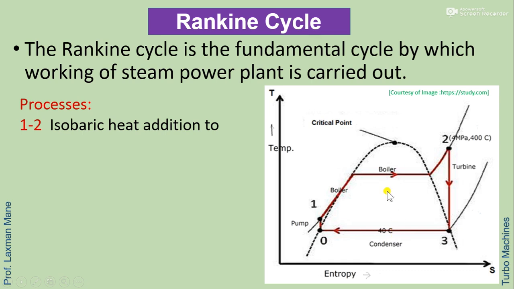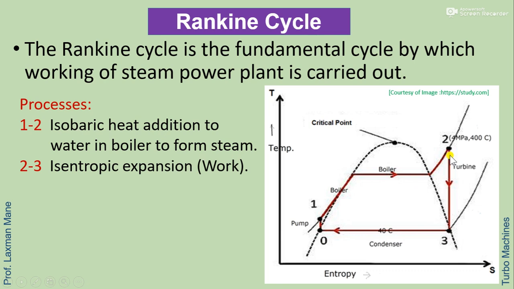Process 1 to 2 is isobaric, means constant pressure heat addition to water in boiler to form steam. Process 2 to 3 is in turbine where isentropic expansion of steam takes place, so work is produced.